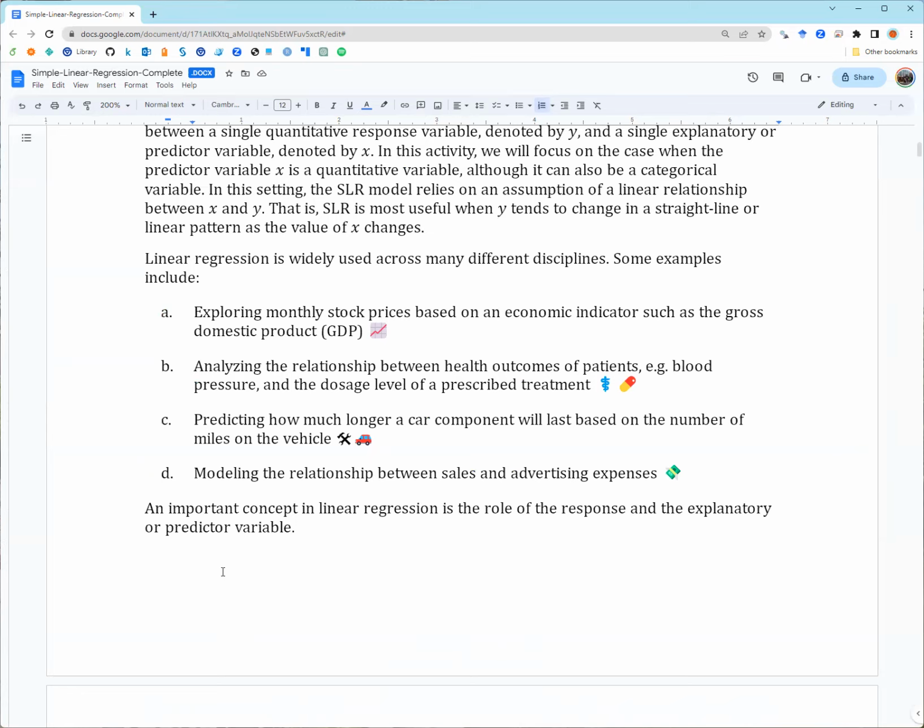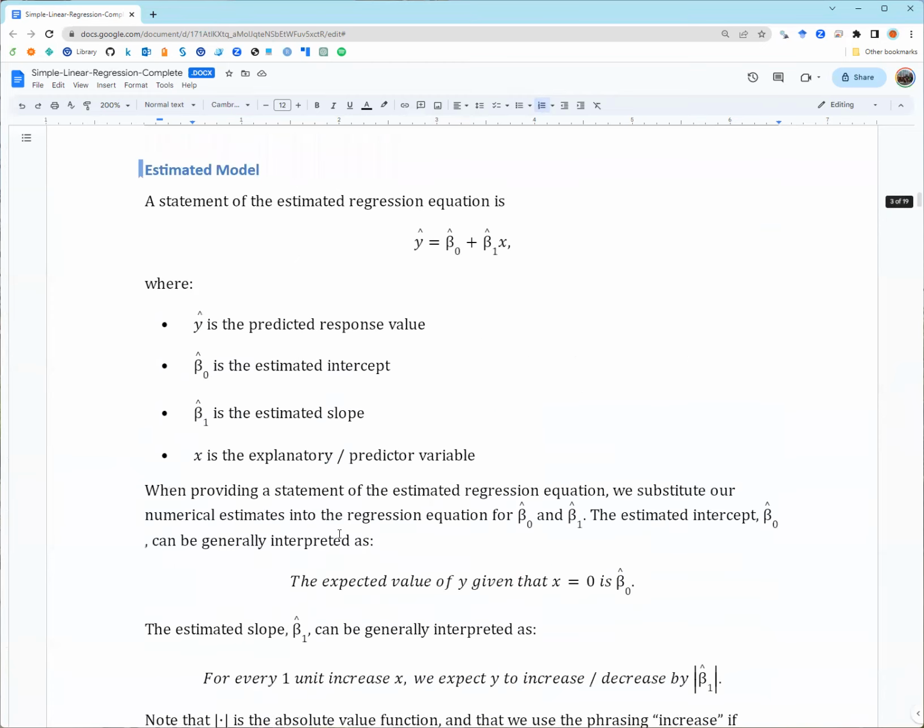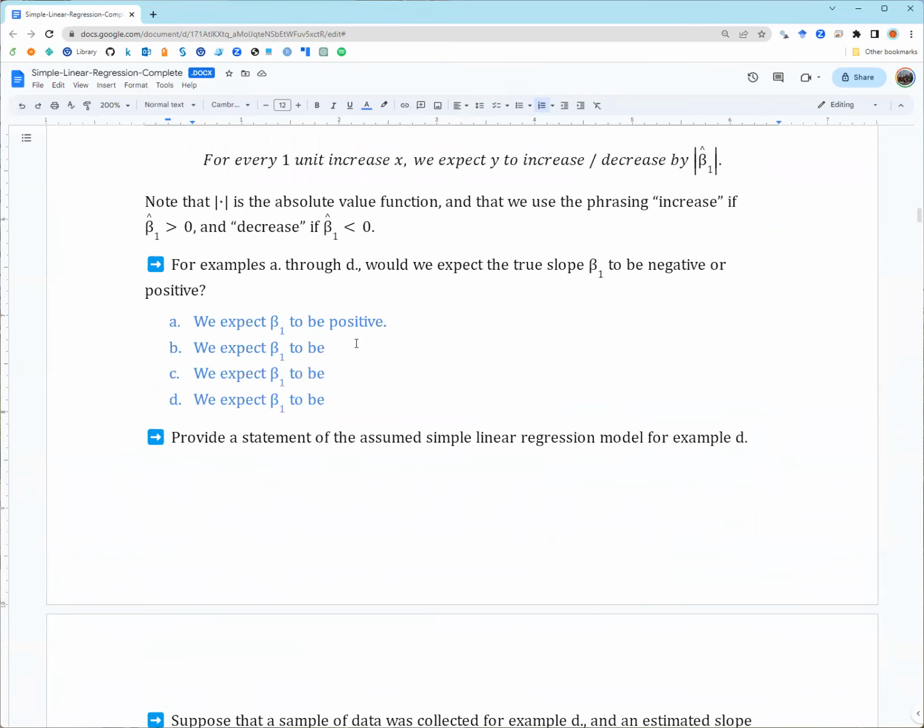And it's likely we would expect that the higher the dosage level of our treatment, for the most part, we would expect patients' blood pressures to be lower on average. Okay. So since dosage level increasing results in blood pressure decreasing on average, this would be a negative relationship. And so the slope would end up being negative between those two variables.